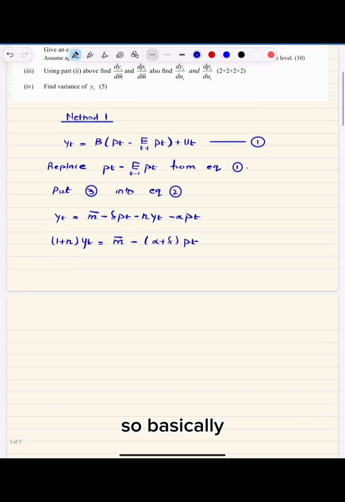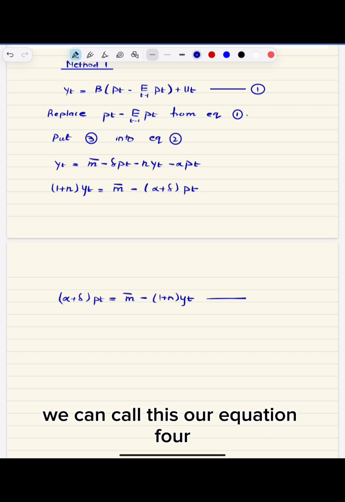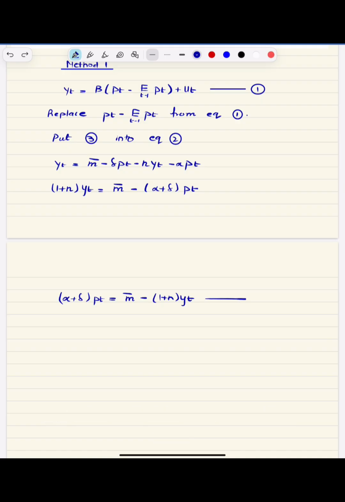Okay, so basically alpha plus delta pt is equal to m bar minus 1 plus n yt. We can call this our equation 4.